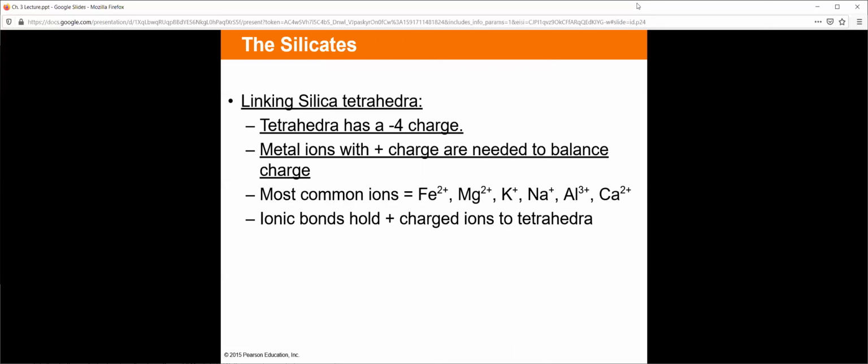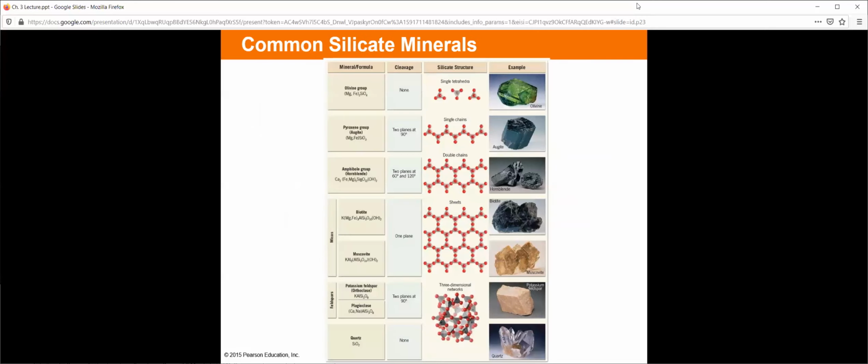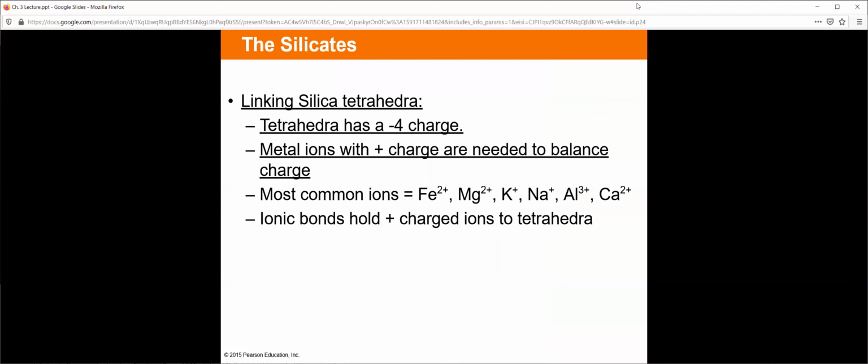So these silicates, as shown here in the mineral formula, you'll notice the Si and the Os, tend to form with a lot of metals, as I said previously with the olivine copper association. Because that tetrahedra has a -4 charge, the atom wants to be balanced, so it's going to hook up with these common metal cations, iron, magnesium, potassium, sodium, etc., to balance out.